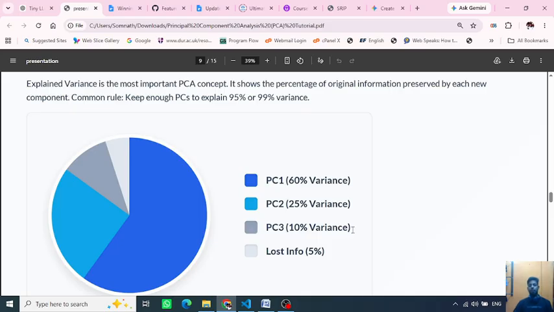So the most important information is retained, with only around 5% or below information loss. This is a graphical overview of how PCA works and how we choose or create new features.